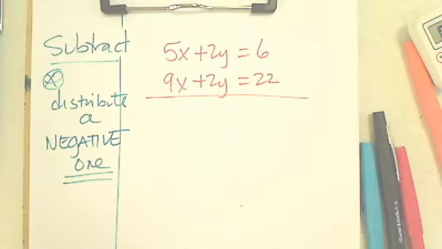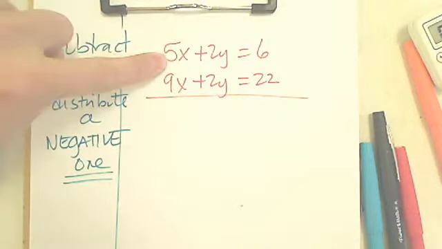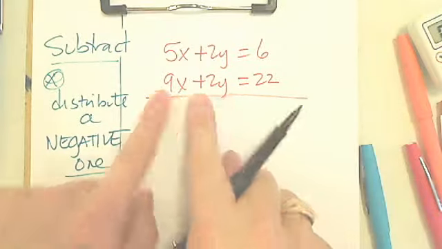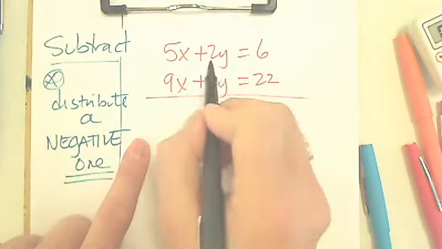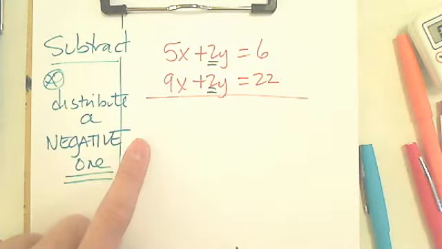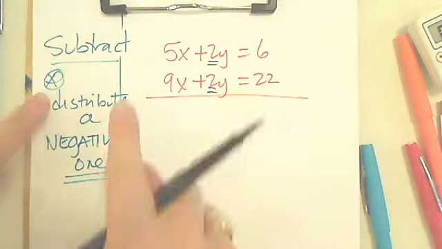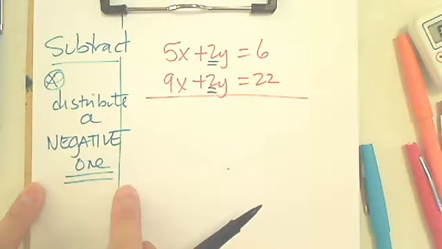If I add that, I get 14x plus 4y equals 28. But I haven't eliminated anything yet. How do I get rid of one of the variables? Here the coefficients are not the same, but you notice the coefficient of y is the same. So to eliminate one, distribute a negative 1.